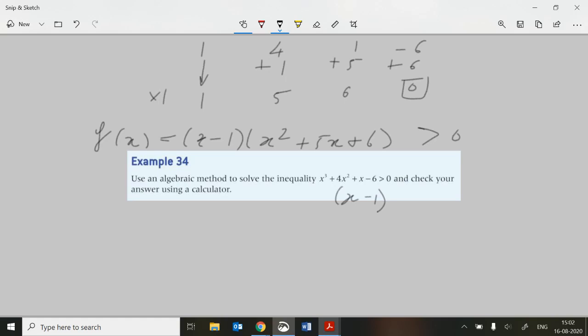Okay, so just to take this a little bit further, we can clearly see how this factorizes again. We've got x minus 1, and we can see that we've got a plus 2 and a plus 3 there. And we're asking again, when is this greater than 0? Okay. Now, from my point of view in this case, we have a cubic which looks like this, a positive cubic.